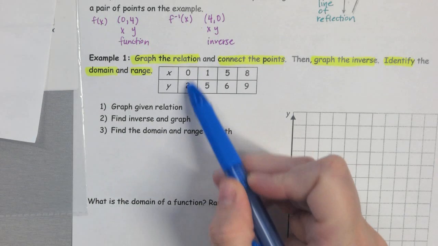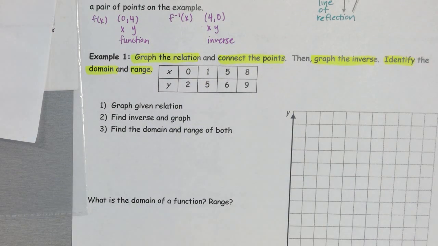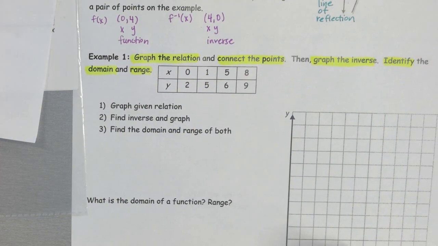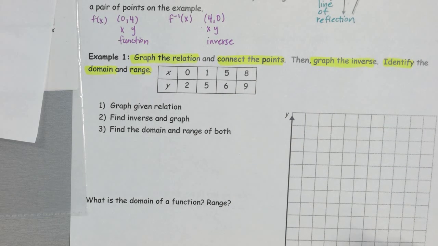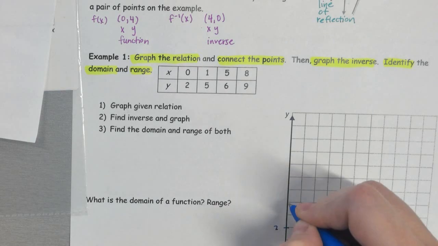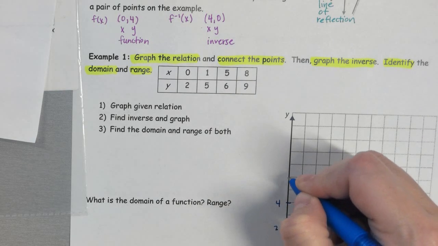You have your set of points, x, y, so 0, 2. We can go by ones here, so this would be 2, 4, 6, 8, 10. I'm just going to label every other one.